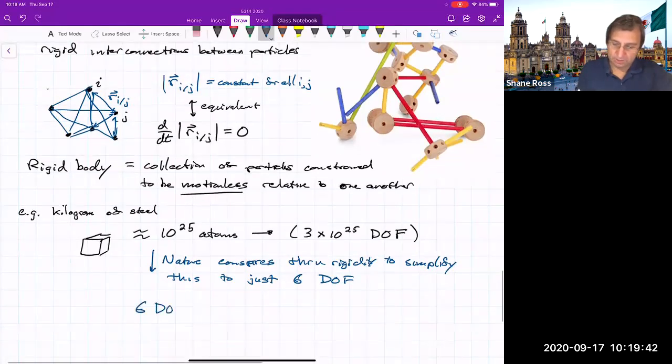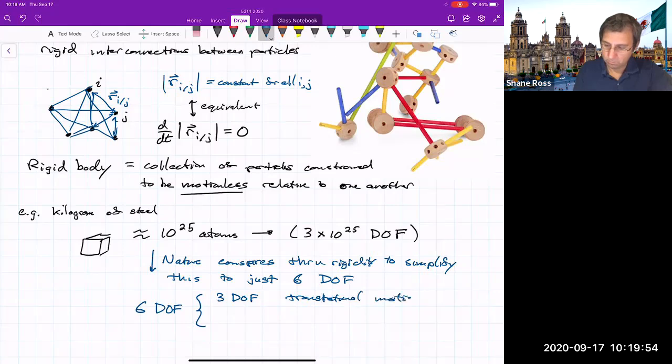And what are these 6 degrees of freedom? It's 3 degrees of freedom for the translational motion, and then 3 degrees of freedom for rotational motion.